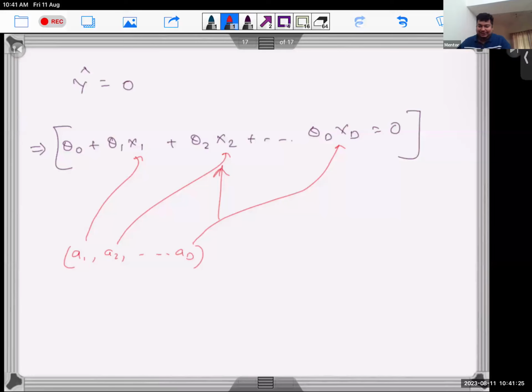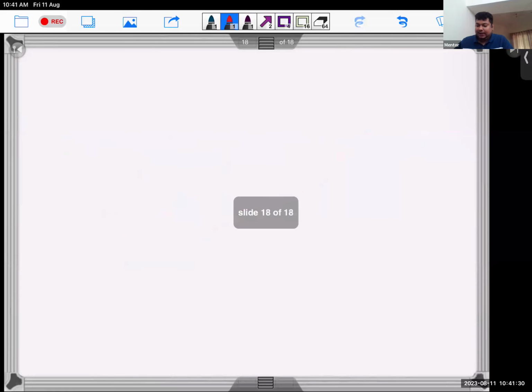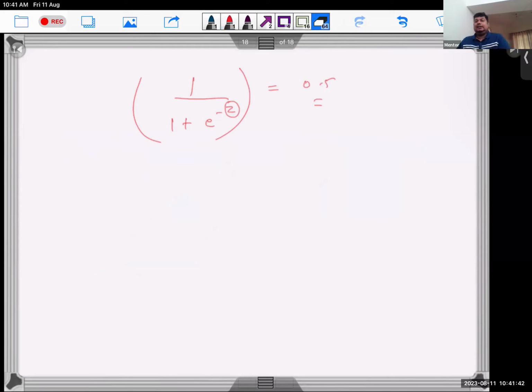Okay, let me just ask you this. What do you think the value is? So you told me, right? If this thing comes out to be equal to 0.5, I cannot say. What do you think the value of z is in that case? What is z when you cannot say?